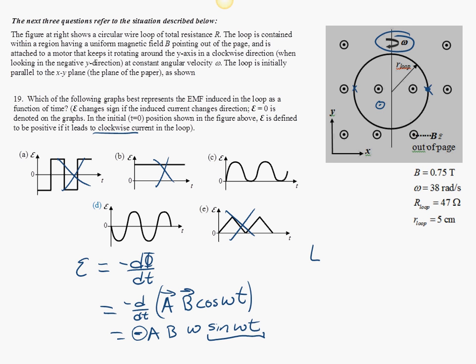As I rotate, I'll have less flux pointing out, so I'll lose some of these. So I'm going to want to create a flux that's going out, and in order to do that, I want my fingers coming up through the loop, and so if I put my thumb this way, my fingers will always come up through the loop the way I want them to. So I'm going to have a counterclockwise current, which would mean that would be negative. So D is the correct answer there.